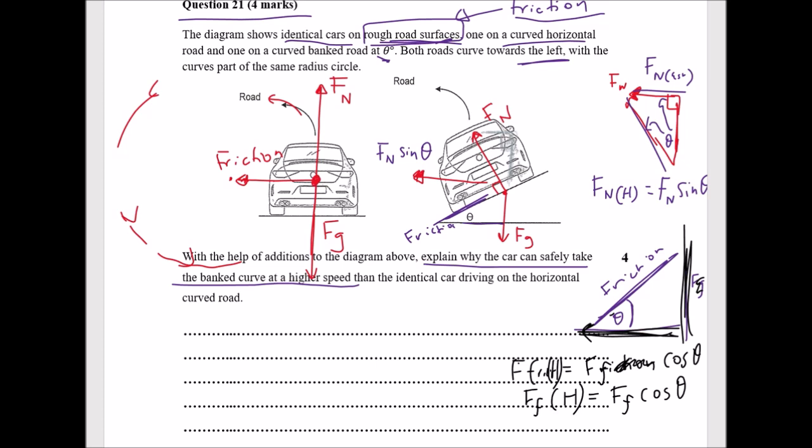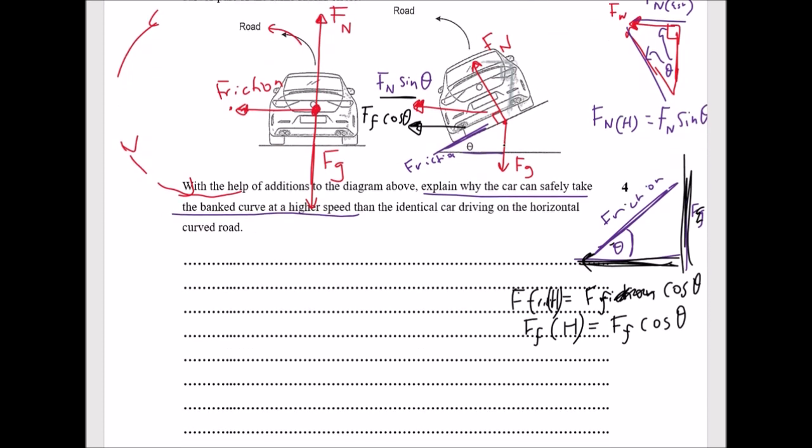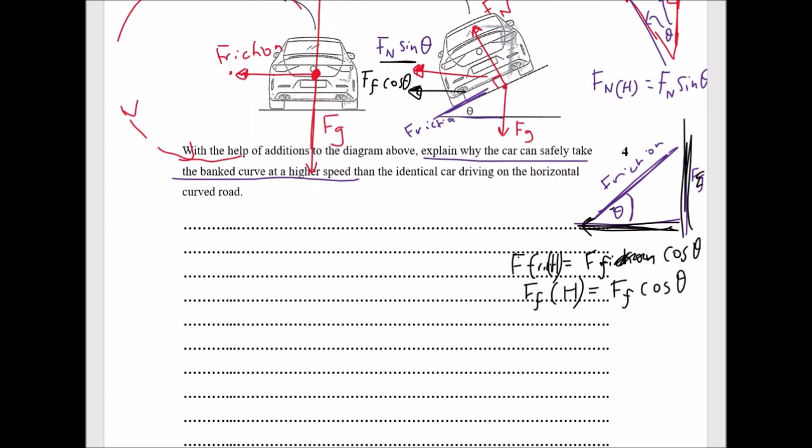So not only do I have the normal component, I also have the friction component, cos theta. Okay, so I have those two things. If I rewrite the centripetal force for both of these equations, it'll look something like this.